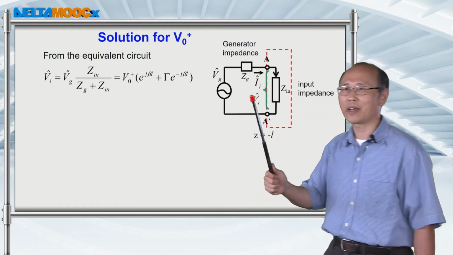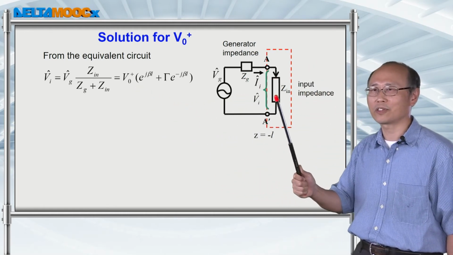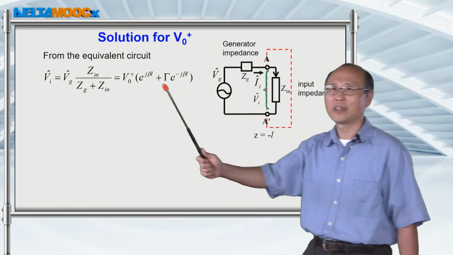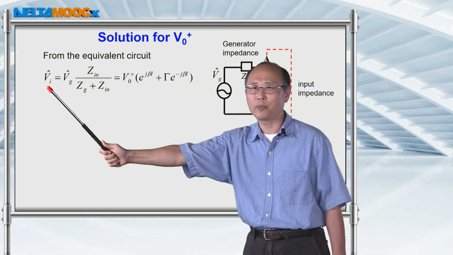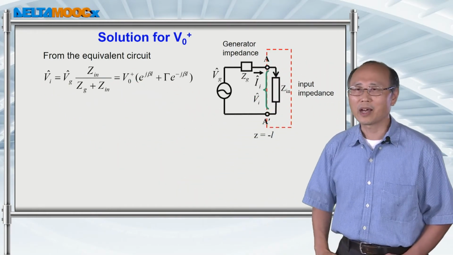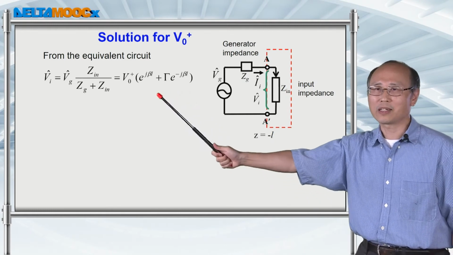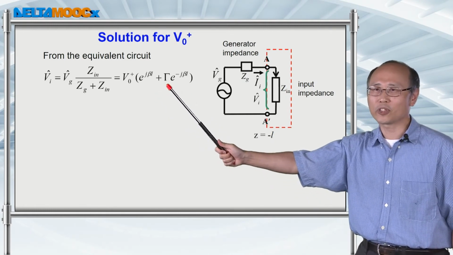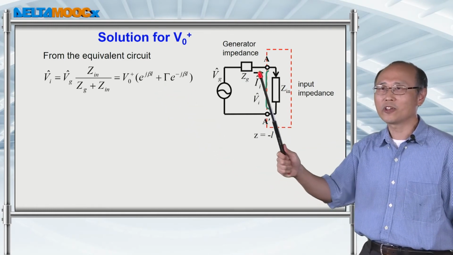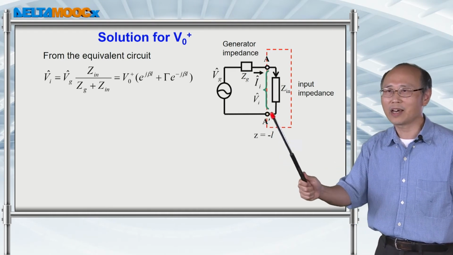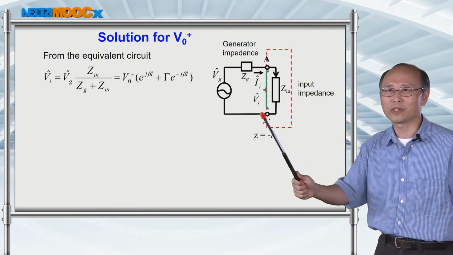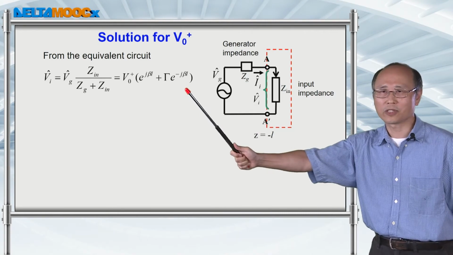If you multiply the current flowing into the circuit with the input impedance, you end up with the input voltage. And in this expression, you already know that for the transmission line, the voltage across these AA prime points is given by this general solution.